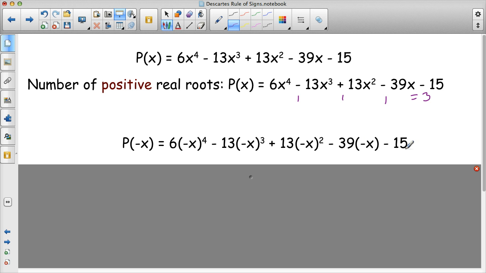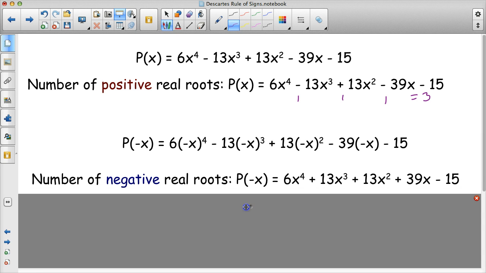But remember we said we have to simplify that. What is negative x raised to the 4th power? A negative times a negative times a negative times a negative has to be positive. So it simplifies to this.